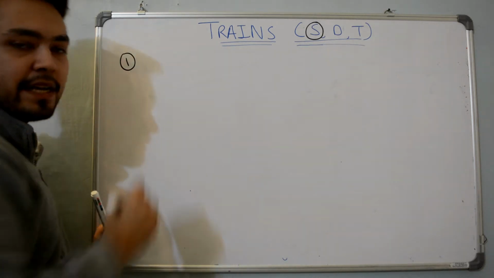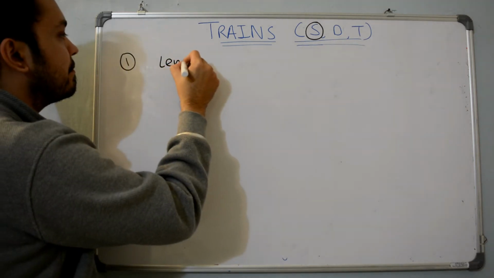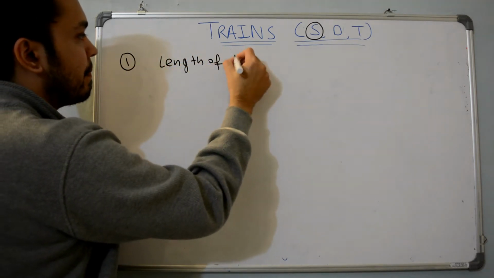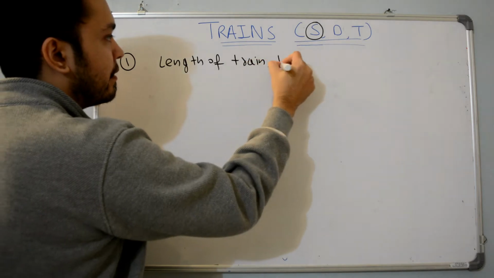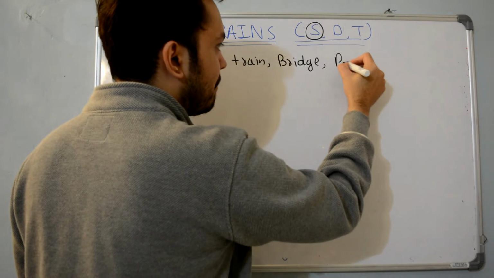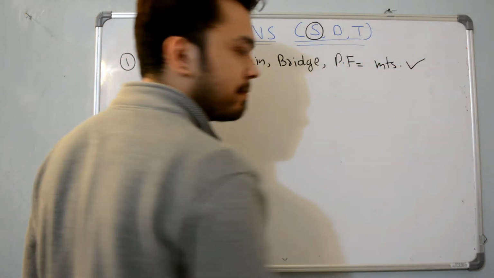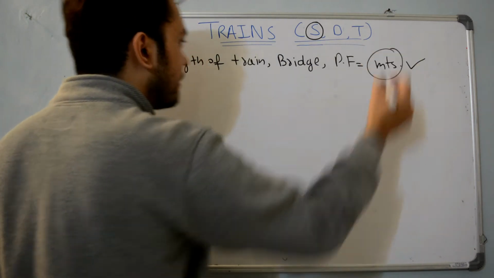The first point is that the length of the train, a bridge or a platform will always be taken in meters, right? Always in meters.